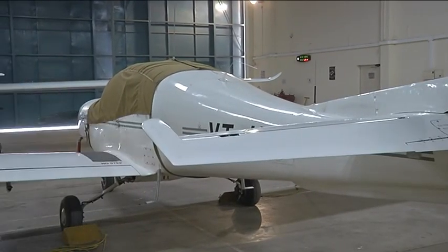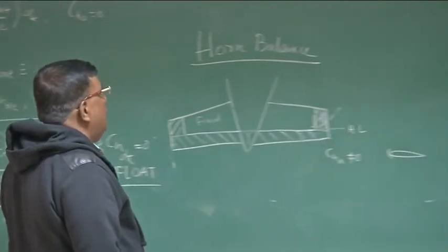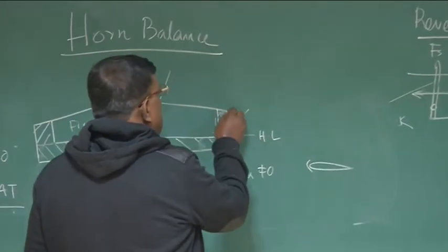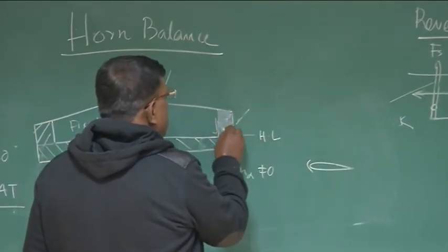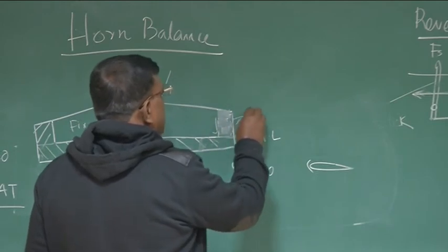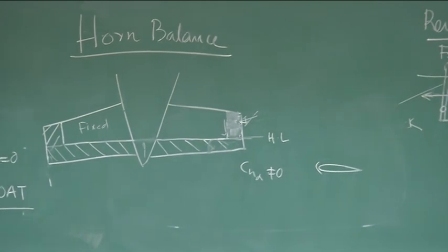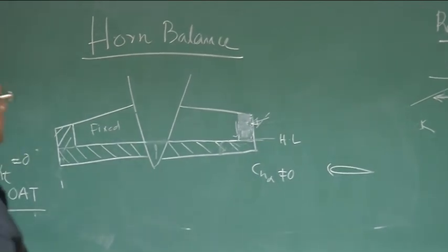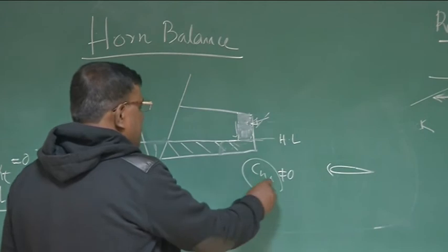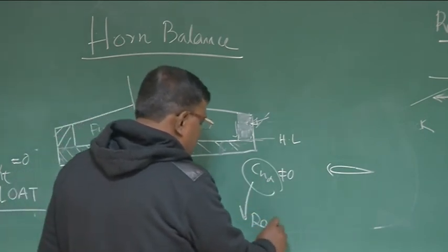Okay, come to classroom. So, once we have understood this Horn balance, how do we summarize? Because of this portion ahead of the hinge line, it will try to discourage floating tendency by reducing the value of CH alpha t.